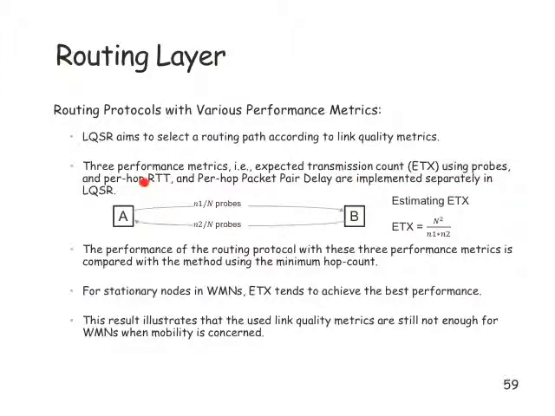Of course, hop count is the worst. We agree on that. It's natural. But is round trip time the best? We call it per hop round trip time, which means that for every link, for every two nodes, we have to do that.